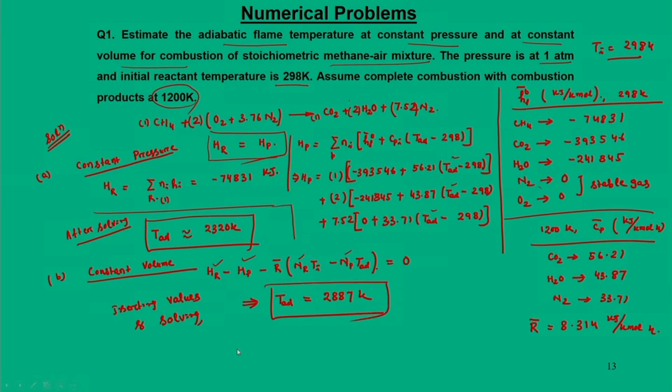If you write all these equations separately, in this equation all the parameters are known except the unknown, T adiabatic, so we can put it in and find this. So what you see here is that T adiabatic at constant volume is greater than T adiabatic at constant pressure. So, this is about the adiabatic flame temperatures.